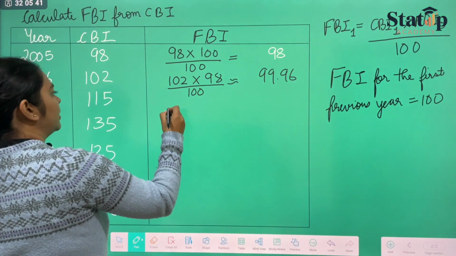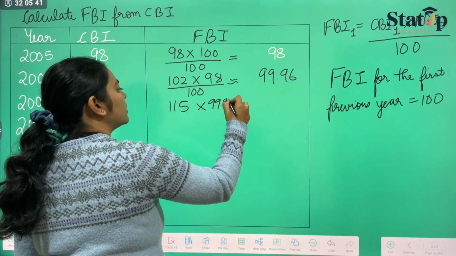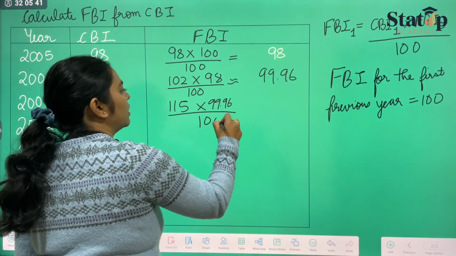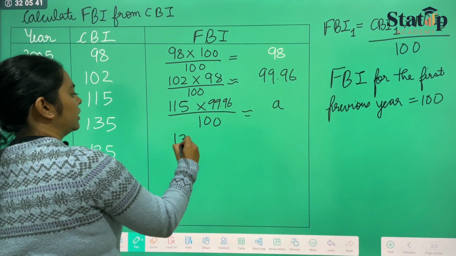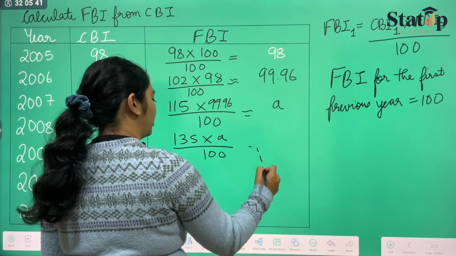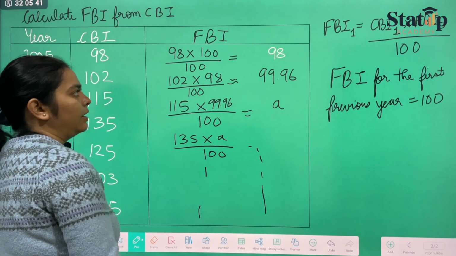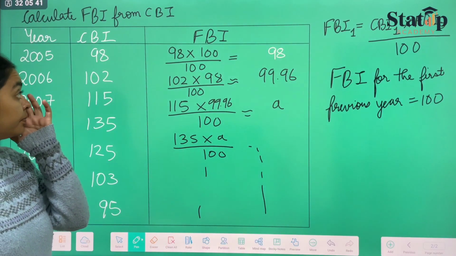And similarly we will take 115 into 99.96 upon 100, and so on. If it is A, then this would be 135 into A upon 100, and so on. We'll calculate the last one and we'll get the fixed base indices. Okay?